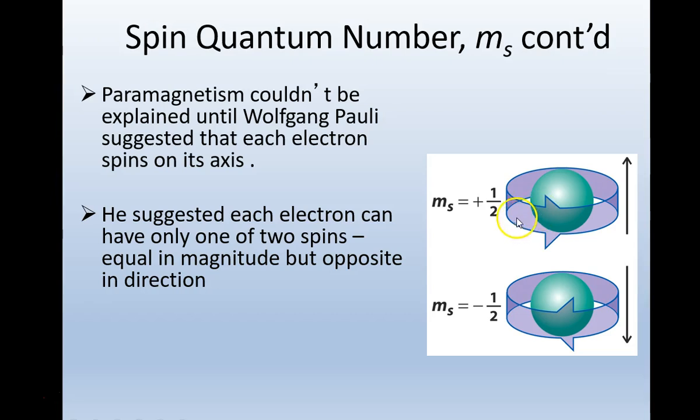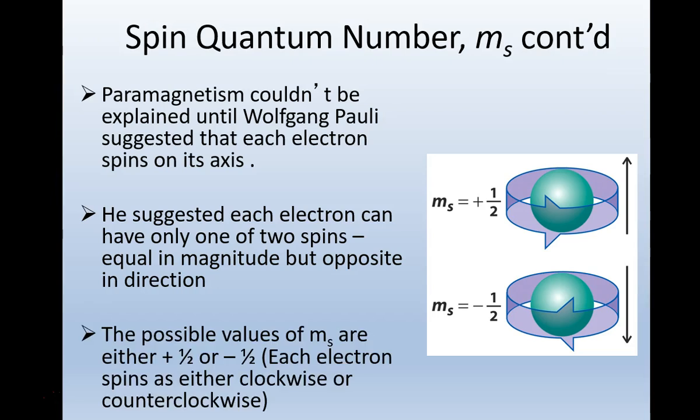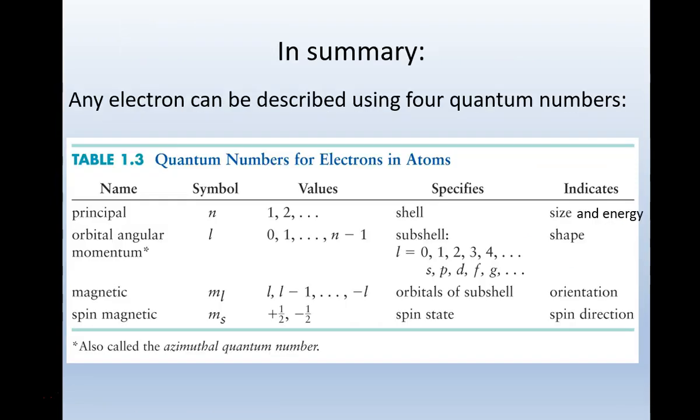So they can spin in a clockwise direction, shown on the bottom, or a counterclockwise direction, shown on the top. So they are referred to as the +half or -half values. So each electron spins as either clockwise or counterclockwise.